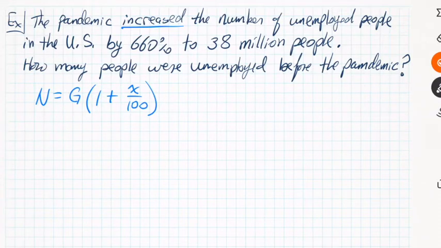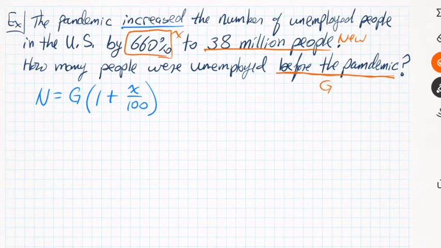How many people were unemployed before the pandemic? So before would be the old value. So my question is looking for the old. So when we get to this 38 million people, this one is going to be the new one because that's the value it increased to, all right? So that leaves our 660%. Of course, that's going to be x.